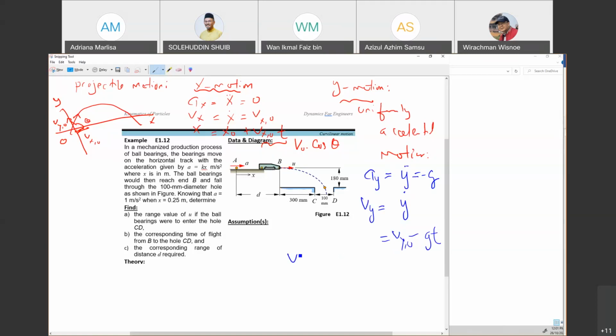And then another formula we have to use: Vy square equal to Vy0 square minus 2G S, ingat formula dulu kan, V square equal to U square plus 2AS. S here is Y minus Y0.